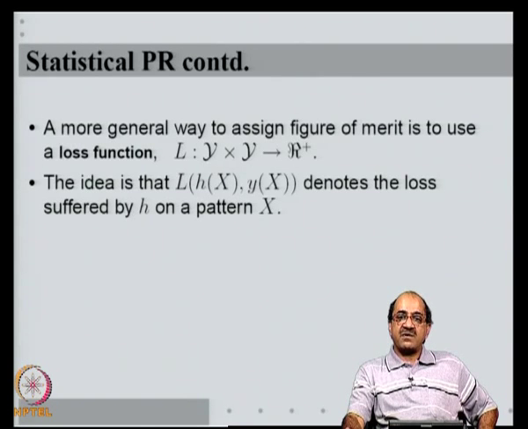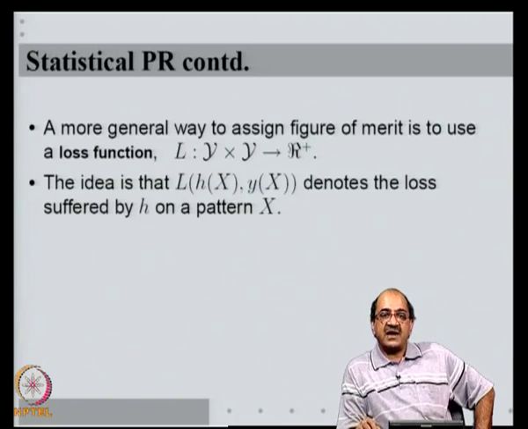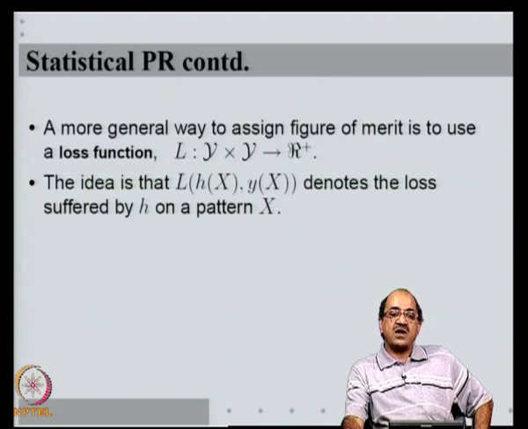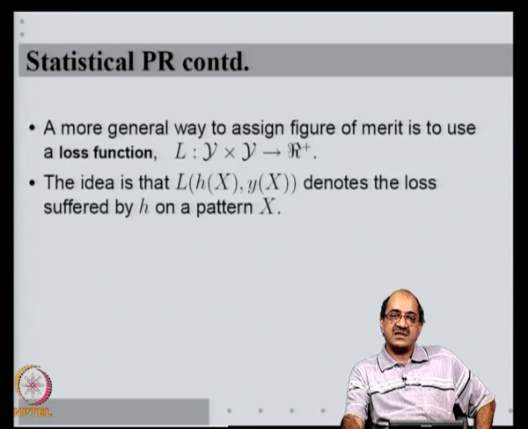So, L(h(x), y(x)) denotes the loss suffered by a classifier h on pattern x. The classifier would call out h(x), whereas it should have called out y(x). So, the loss function measures the cost of the discrepancy between h(x) and y(x).